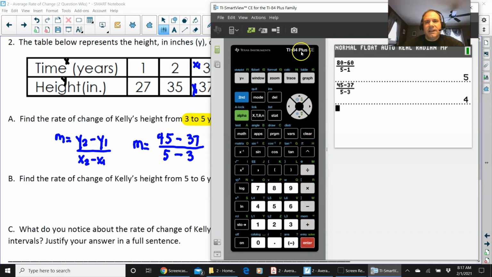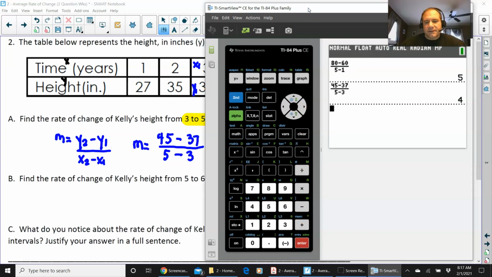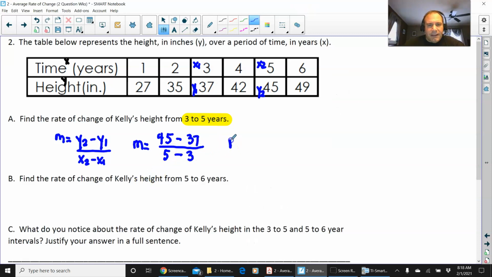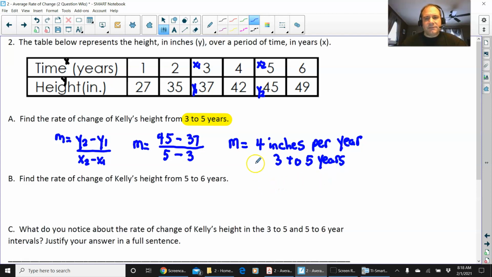Press enter, you get 4. So M equals 4 inches per year in 3 to 5 years. From 3 to 5 years.